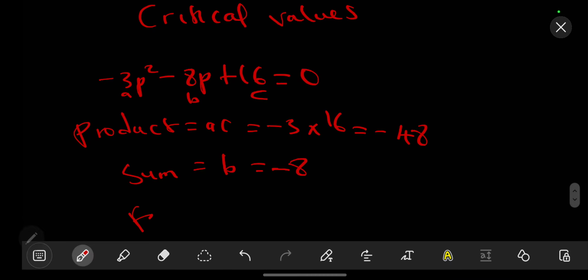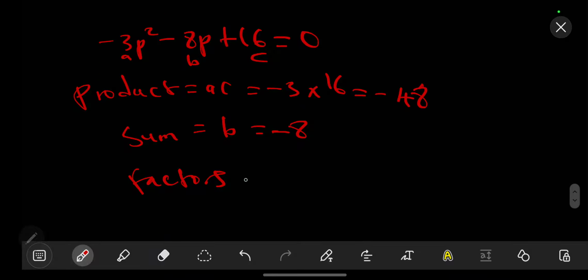So we need two numbers that, when you add them, give negative 8, and when you multiply them, give negative 48. One of them is negative 12 and the other is a positive 4. If I add them, I get negative 8, and if I multiply them, I get negative 48.